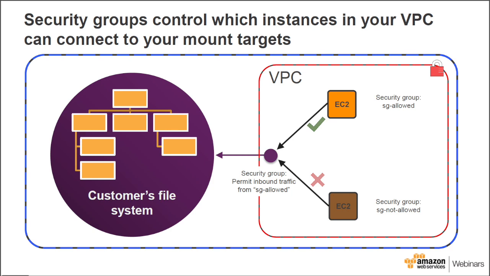So just some examples of the types of rules that you can add to security groups. And in the example that's shown on the slide here, we've added to the mount target a security group rule to allow only traffic to and from instances that are part of that same security group.